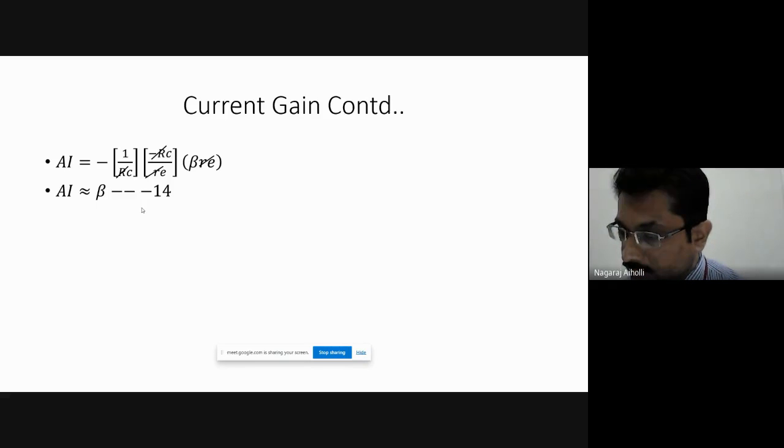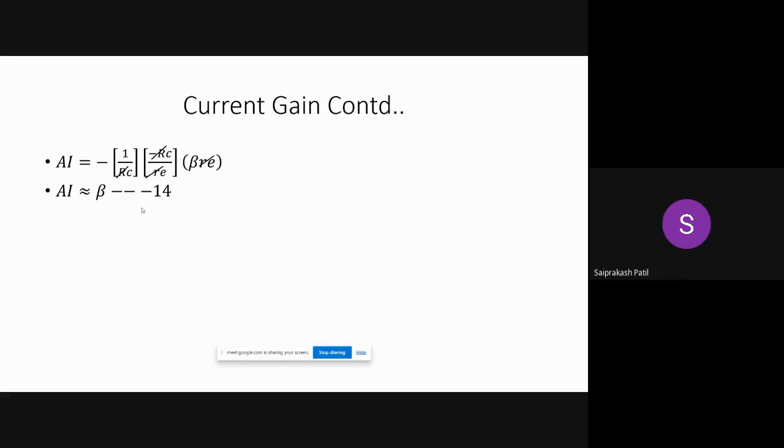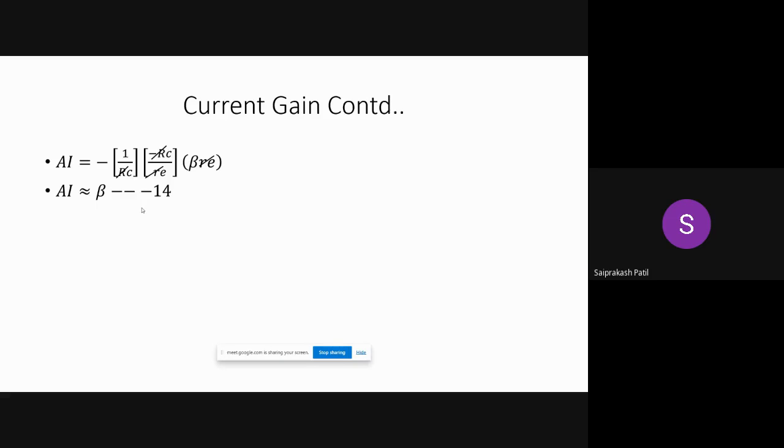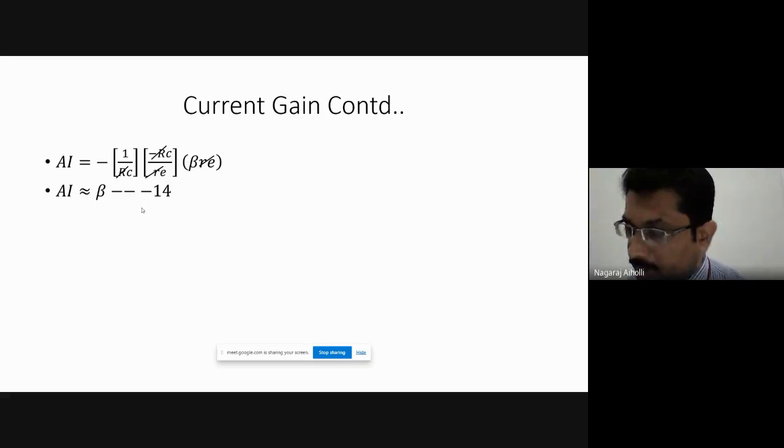Rutik Chopde? Sai Prakash, any questions? No, sir, no question. Samir Ahmed, any problem in understanding? Sania?